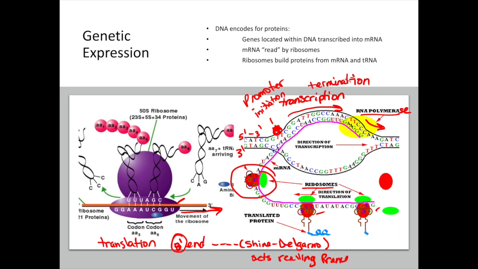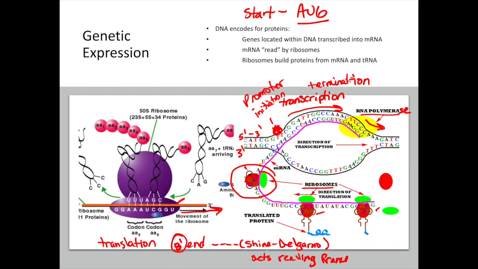Now, the reading frame, remember, we're reading this mRNA transcript 3 bases at a time. We're reading it as codons, which means we need to know where to begin. And in the codon table, or in the genetic sequence, is the start codon. There's only one start codon, and it is AUG.